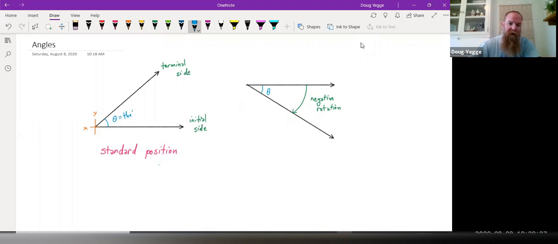And we could call it any particular variable, but theta is a very common variable that we use for angles. And so this is really what we're going to be discussing first, all right? So in general, when we see a rotation curving up and around counterclockwise, this would be a positive rotation, while going clockwise, like on the right side, would be considered a negative rotation.